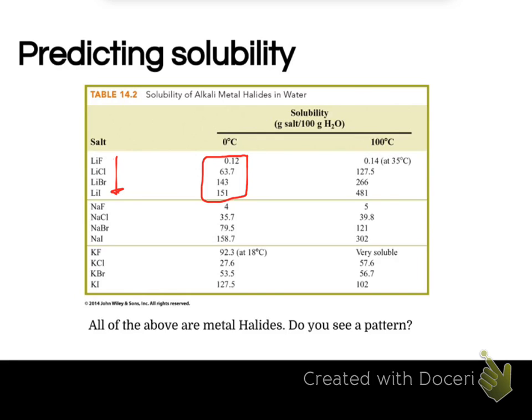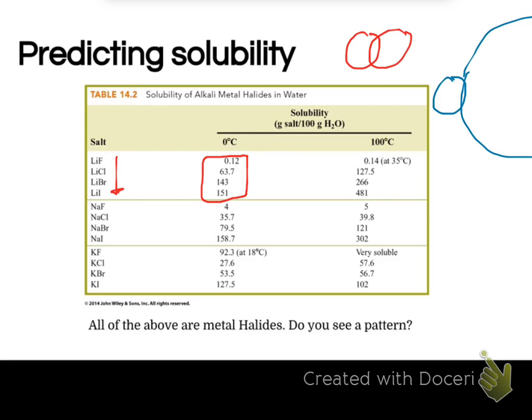the solubility is increasing. This is because when we think about lithium and fluorine, they're basically the same size, whereas lithium and iodine, lithium's pretty small, iodine is gigantic, right?